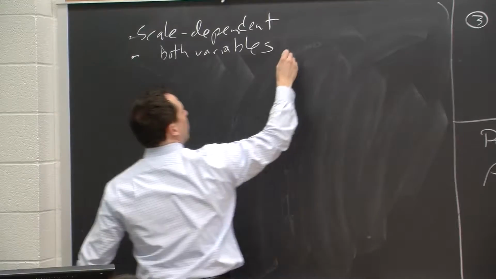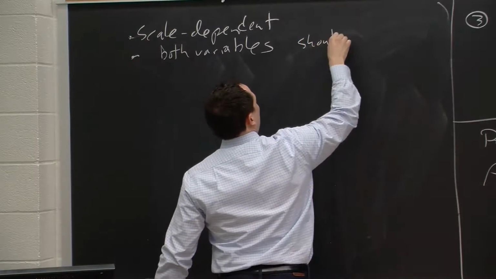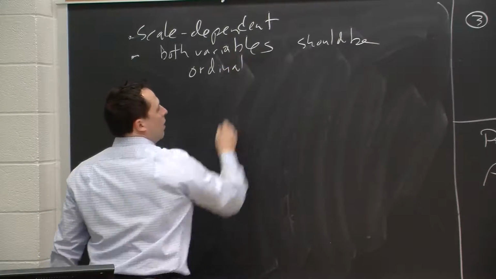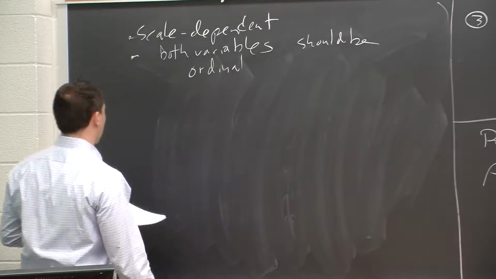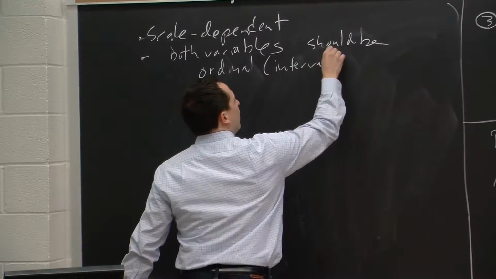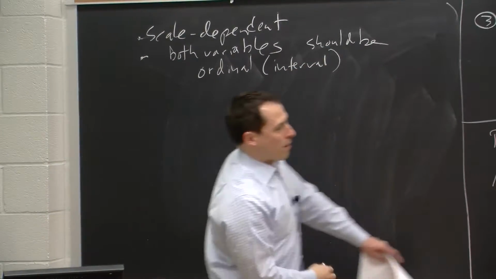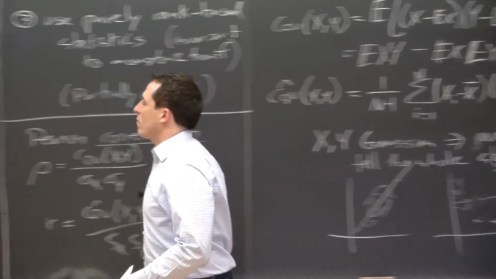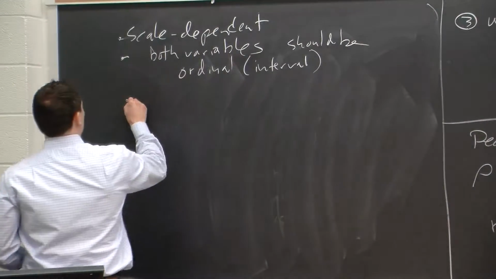Both variables should be ordinal. And a binary is OK if you're thinking about success or failure or something. Or even better is if they're interval, it makes more sense. And in order for this kind of approximation to work, this gridding, we want the cell sizes to be large.